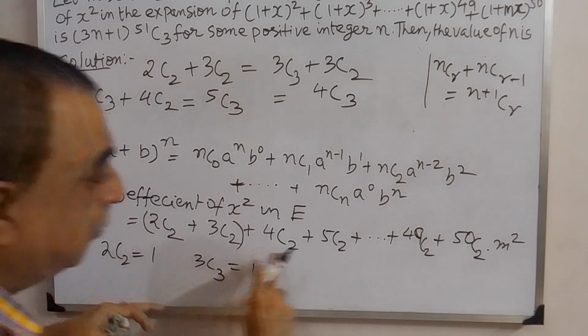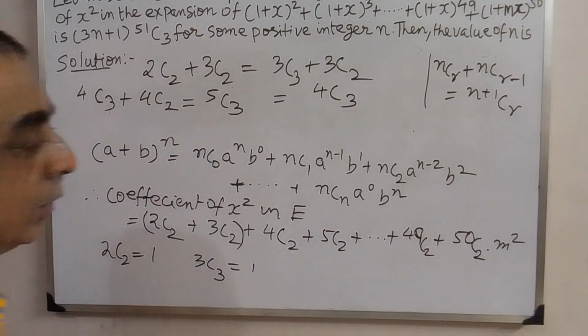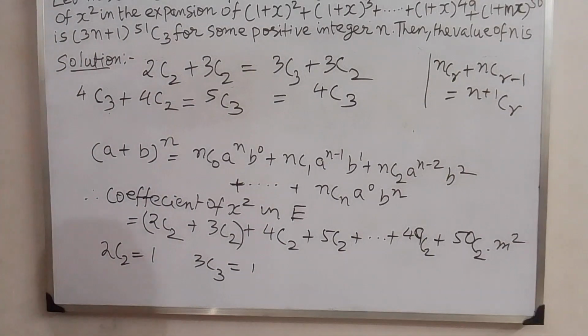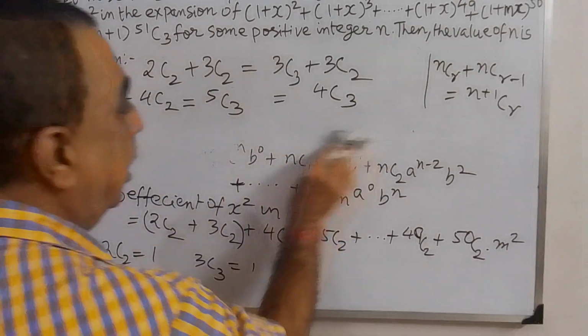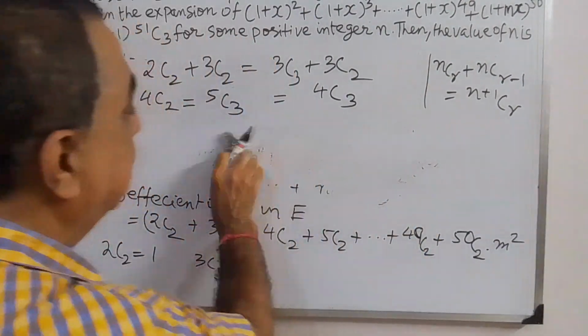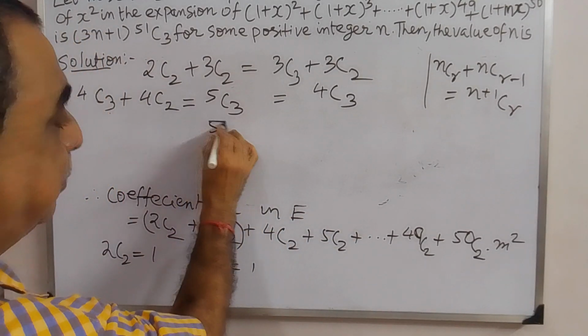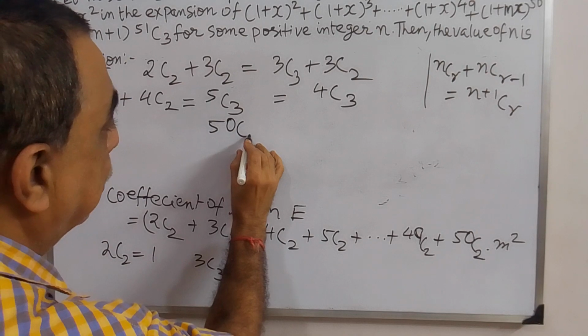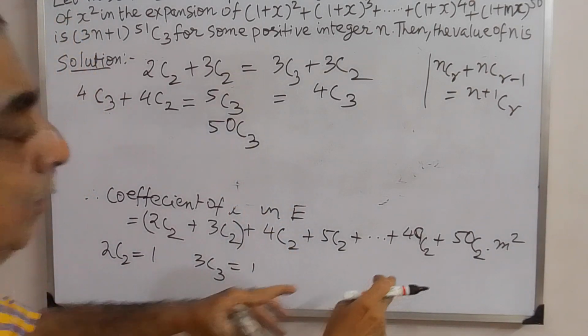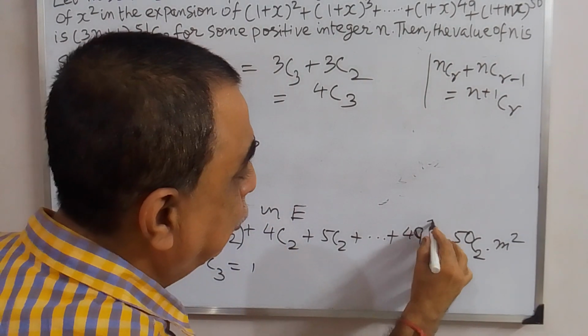So like this, if we continue adding up to 49C2, you will arrive at 50C3 up to here.